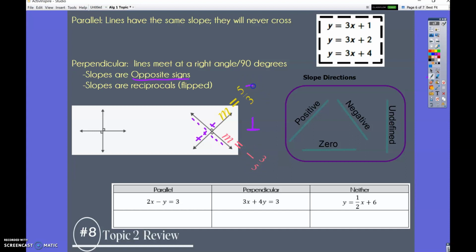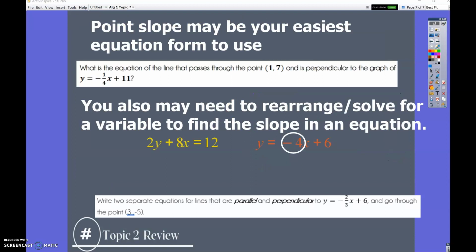We call this flip of our numbers a reciprocal. Opposite reciprocal slopes are what perpendicular lines will have. So on problem number 8, you're asked to create equations that have parallel, perpendicular, or neither slopes to the lines given.